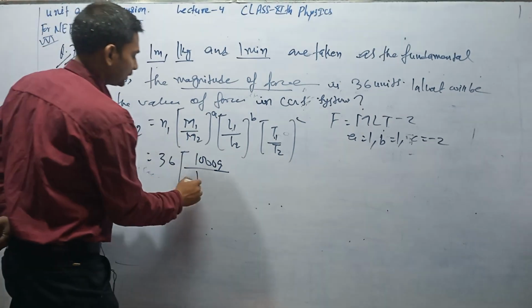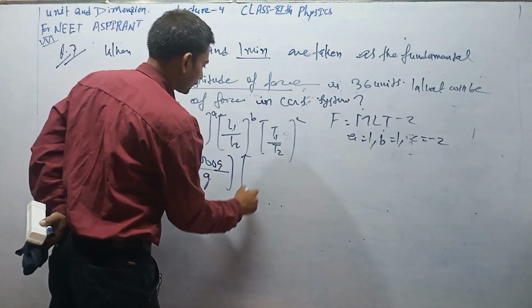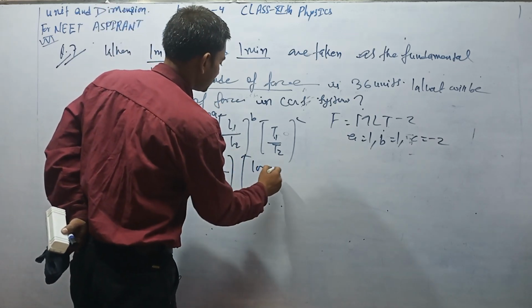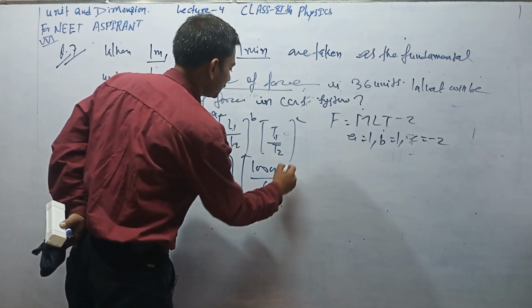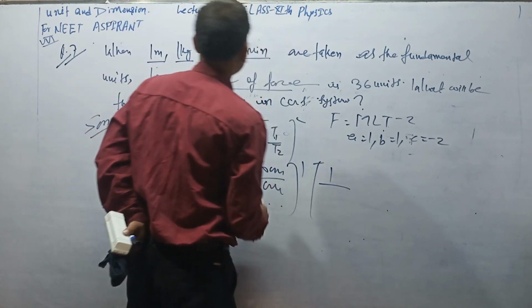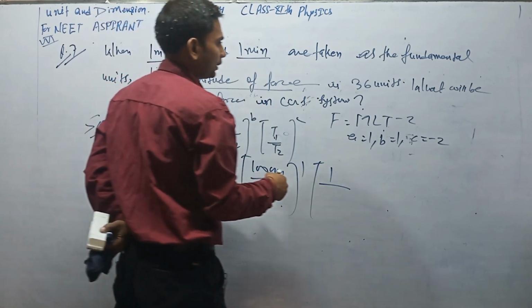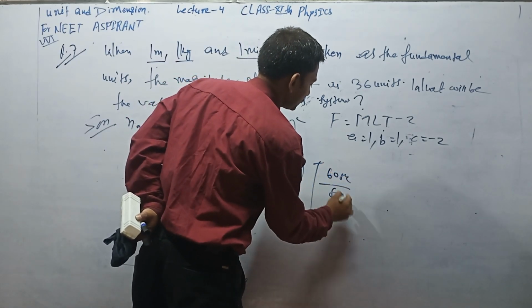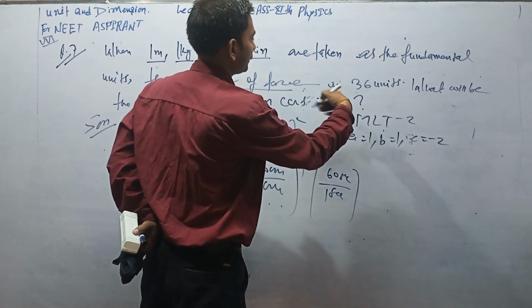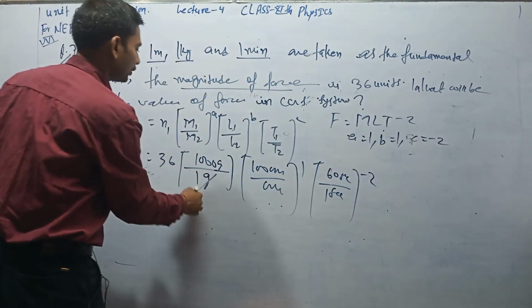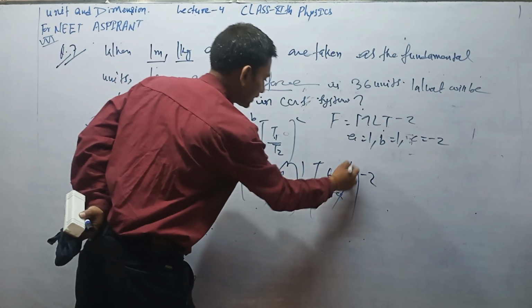In CGS system, 1 gram, length 100 centimeter upon 1 centimeter, power 1, time 1 minute, that means 60 second upon 1 second, power of minus 2. So gram cancels out, centimeter cancels out.